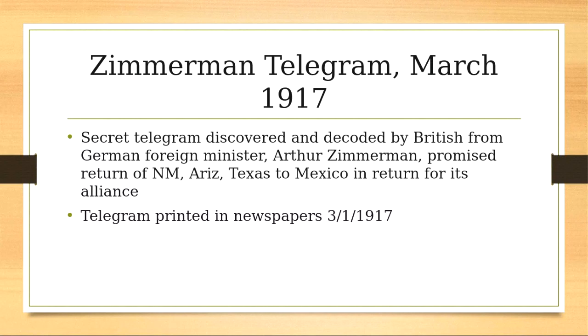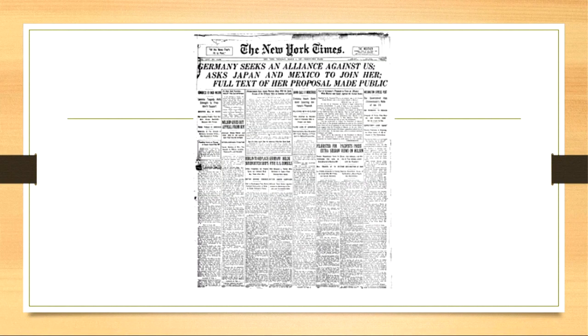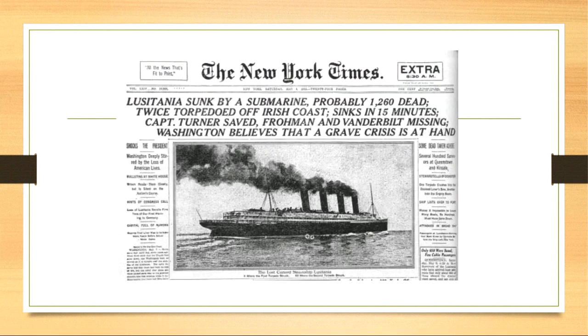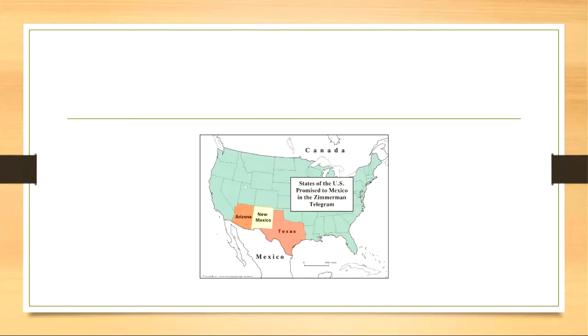So that was the promise of the Zimmerman telegram. And with that and other ships being sunk, the U.S. declared war in 1917. So it's really only going to be over a year of the war, probably a year and a half.